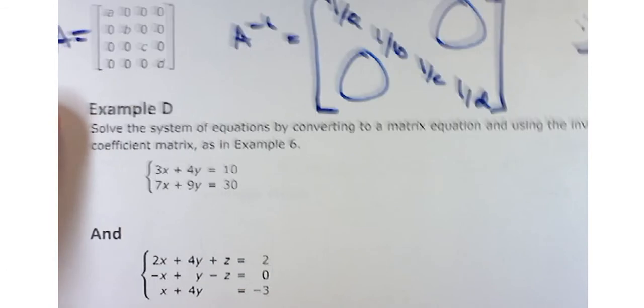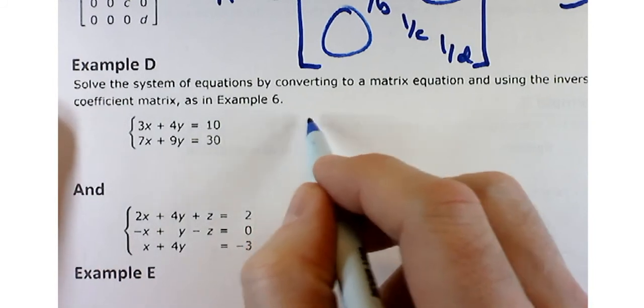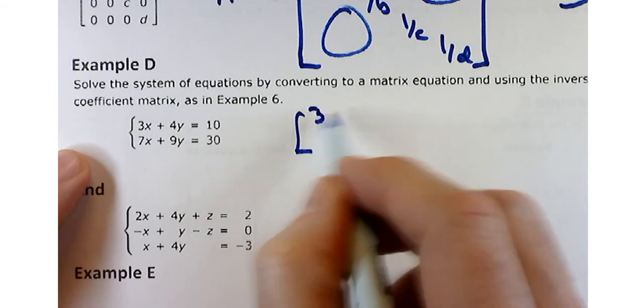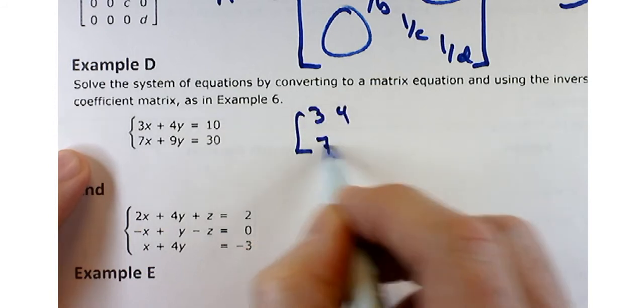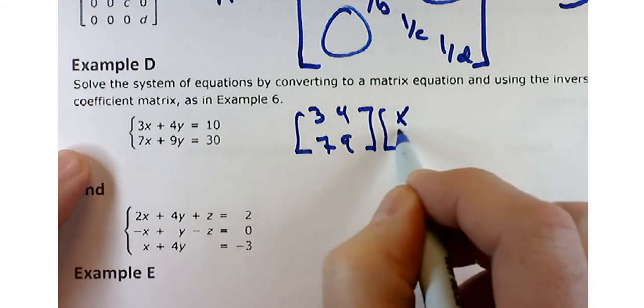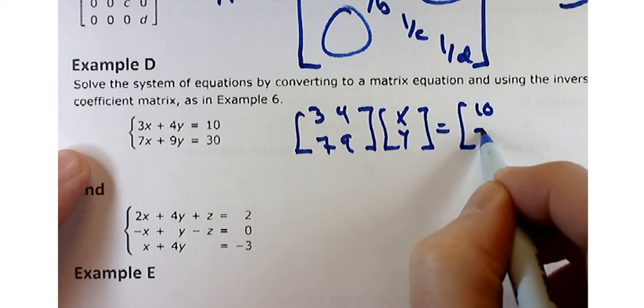Now, how does that apply to systems of equations? We did a lot of work here. We've got this nice inverse matrix. Let's use it to solve a system of equations. Actually, maybe a couple. So if I was to write this as a matrix system of equations, it would be [3, 4; 7, 9] times [x; y] equals [10; 30].